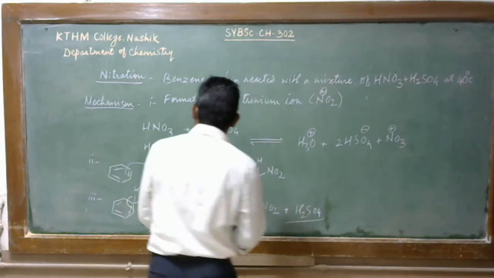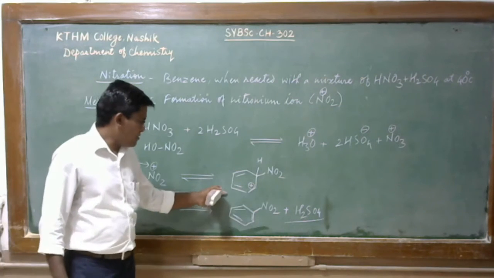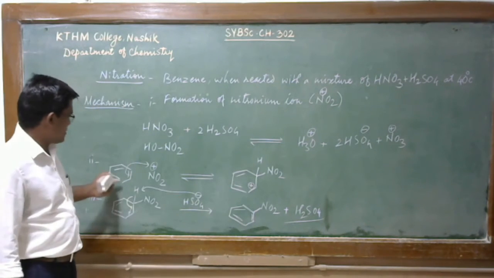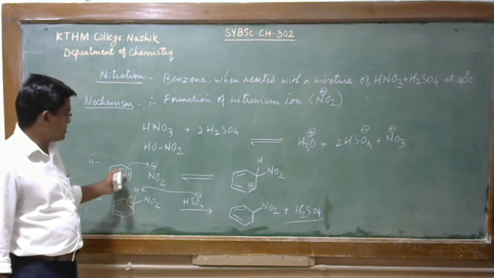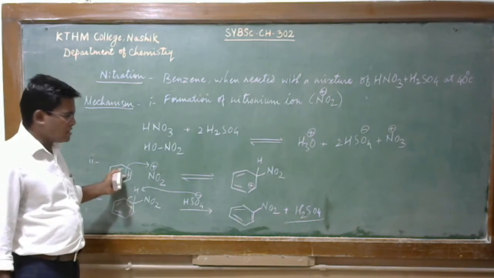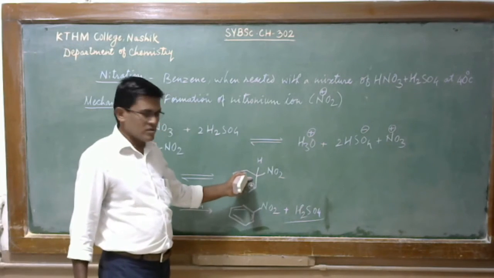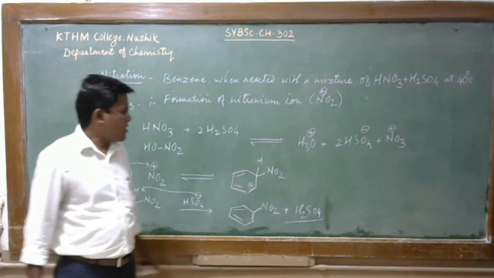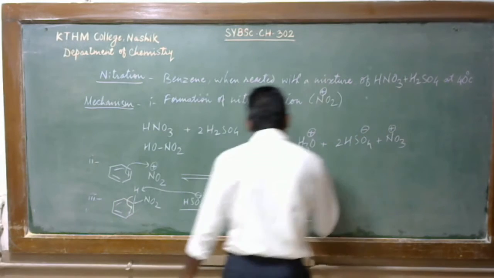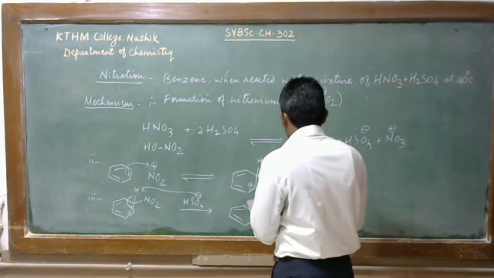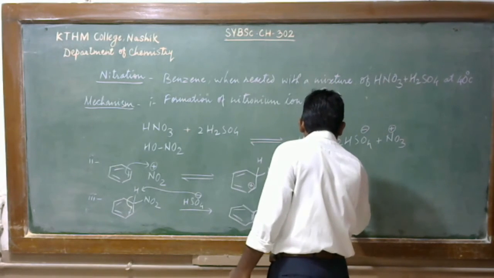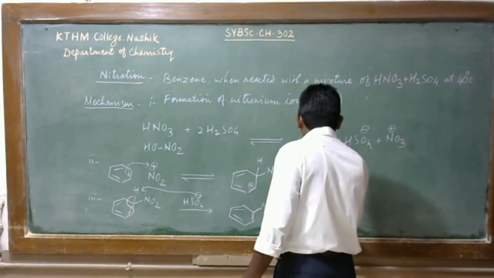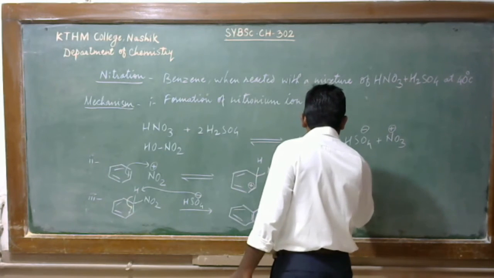So when this nitronium ion attacks the benzene, it gives rise to this sigma complex. We can write the various resonating structures for this particular sigma complex.